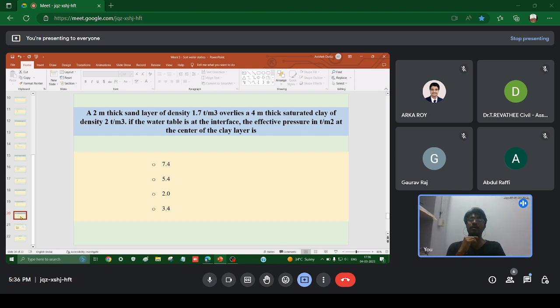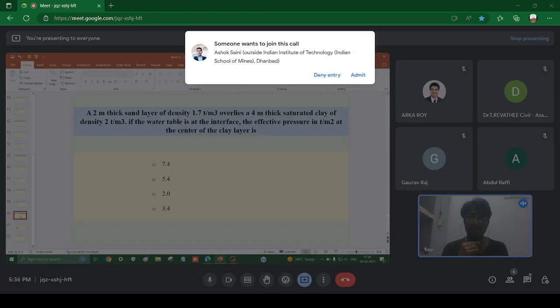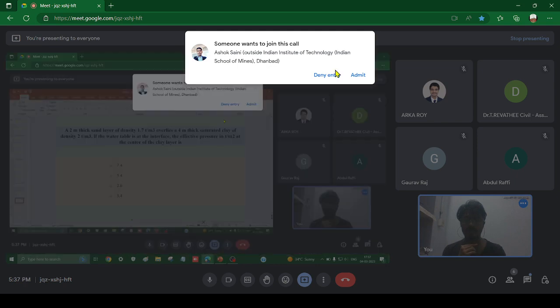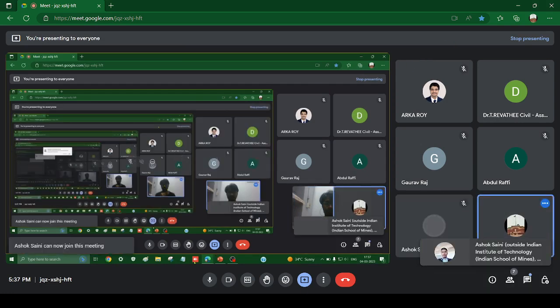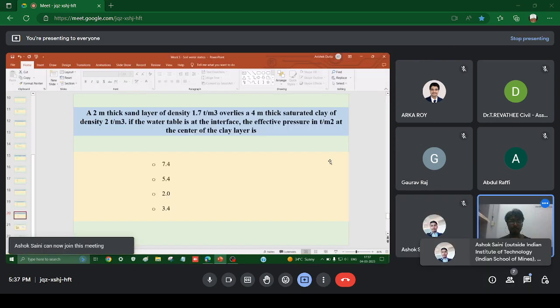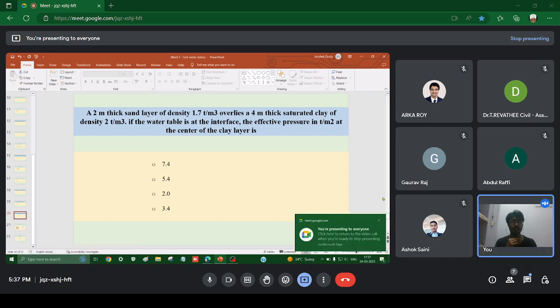If the water table is at the interface, the effective pressure in ton per meter square at the center of the clay layer is. In this question, you don't have the unit weight of water. Assume the standard unit weight of water in kg per meter cube and convert it into ton per meter cube. Okay.